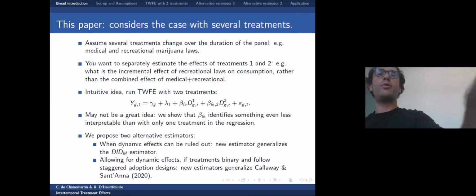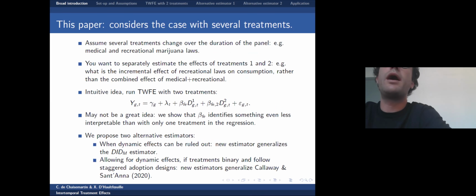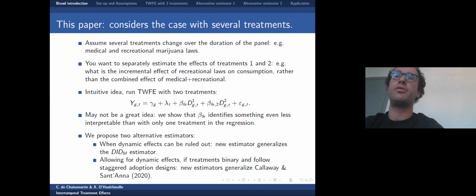Okay, so what are we going to do today? Today we're going to talk about the case where you have several treatment variables you're interested in and that change over the duration of the panel. For instance, you may be interested in the effect of marijuana laws on marijuana consumption, but there are two types of laws that can be passed.